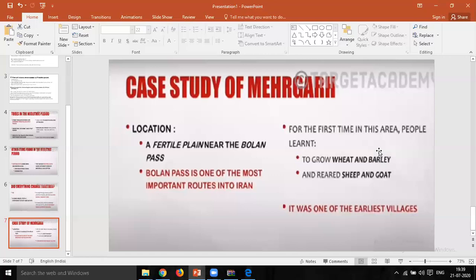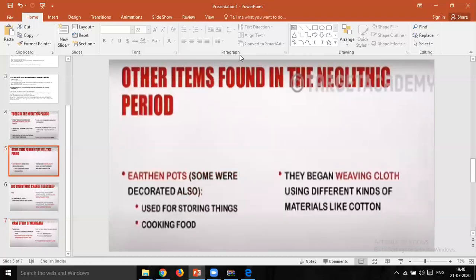So this is what the entire chapter was about. Right now we have discussed the case study and certain other items found in the Neolithic period, which were earthen pots. Some pots were decorated and used for storing things and also for cooking food.